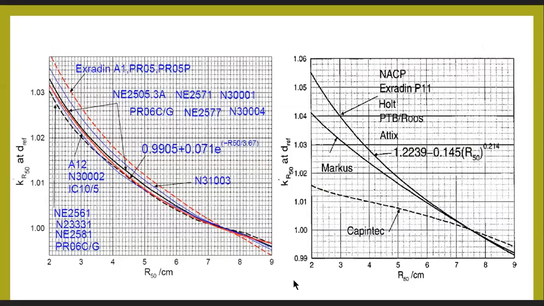So this figure from the TG51 protocol, we have different figures for parallel plate chambers and for cylindrical chambers. So we can get the KR50 prime if we have the R50 value for our beam quality.